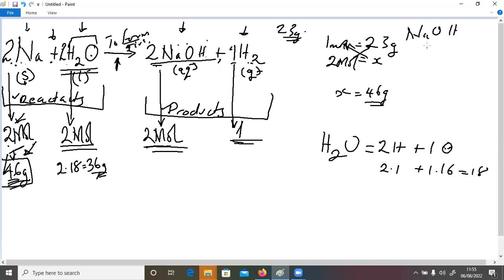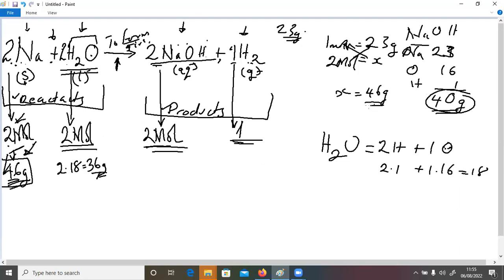One sodium hydroxide is made up of 1 sodium, 23, that's sodium, and 1 oxygen, which is 16, and 1 hydrogen, which is 1, and this one gives us 40. Okay, so 40 grams is the weight of 1 sodium hydroxide molecule.